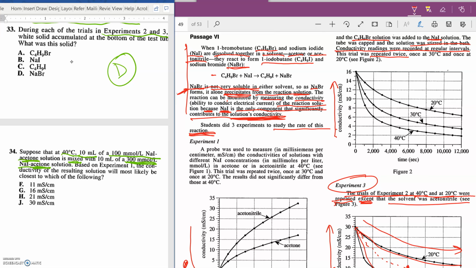So they're both the acetone one. Based on experiment 1, the conductivity of the resulting solution will most likely, there's that couple of words, most likely, which means you're not going to find it written on the graph. You're going to have to work it out. You're guesstimating. Closest to which of the following?